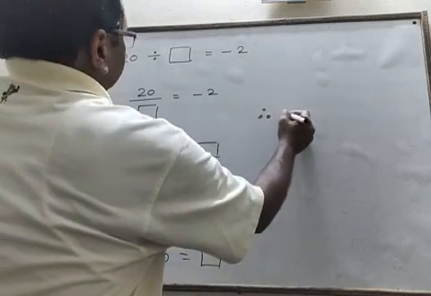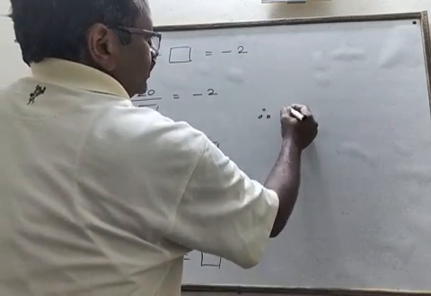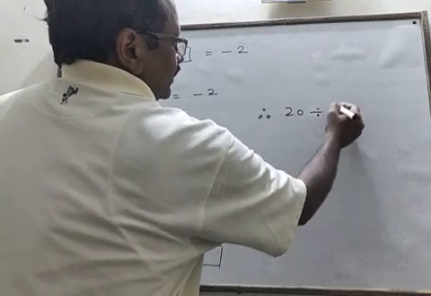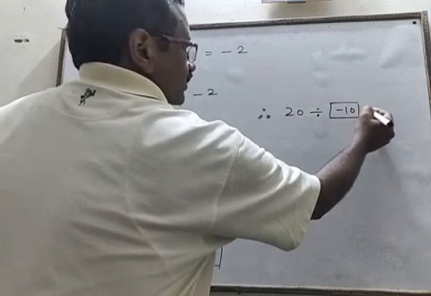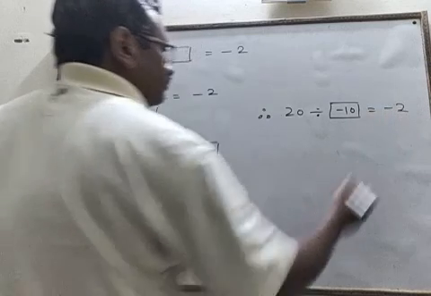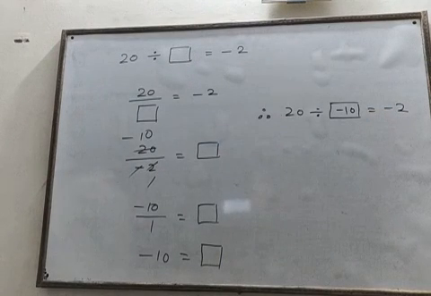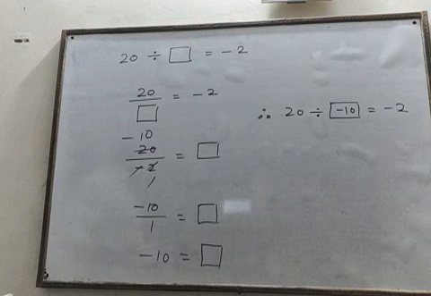Therefore, 20 divided by -10 equal to -2. So wherever you find difficulty, over there you can adopt this procedure.